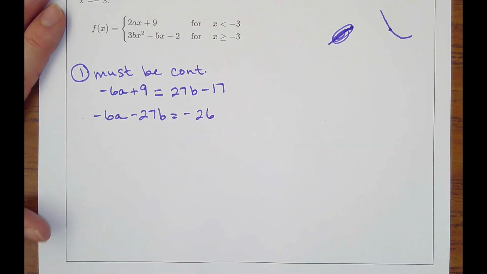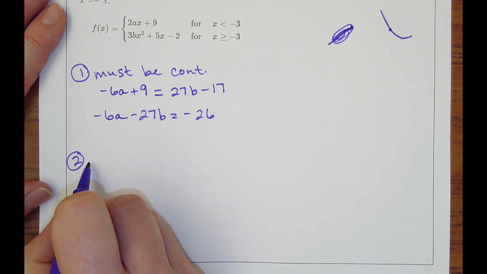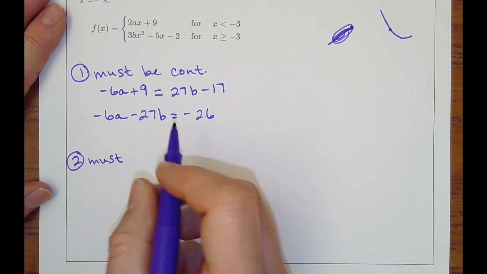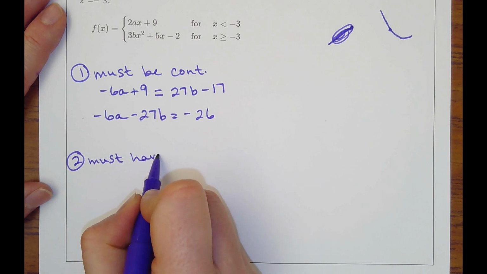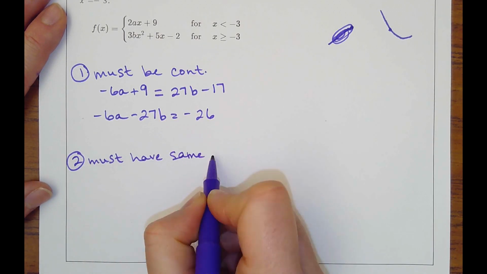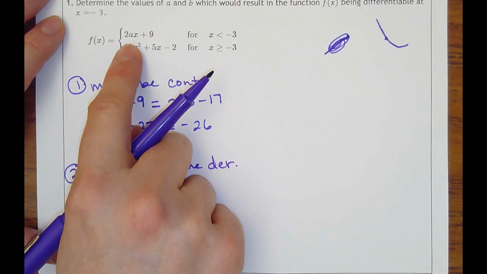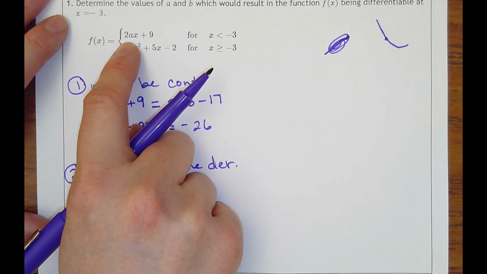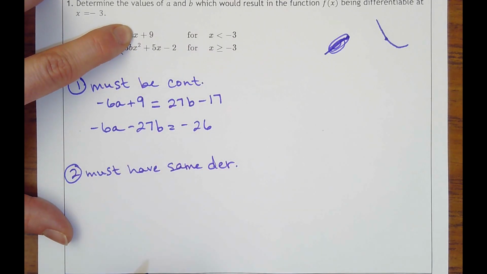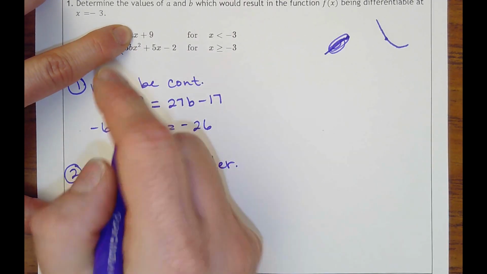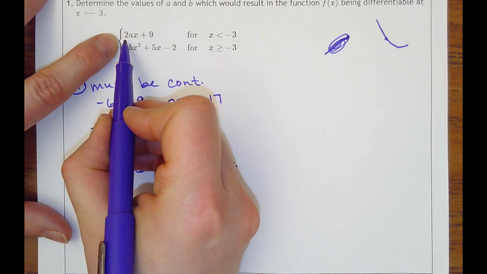Okay, step number 2, they must have the same slope, or must have the same derivatives. Derivative and slope mean the same thing. So now I'm going to take the derivative of this. And it's kind of confusing because you have 2 letters here, but 2a, that's all just a constant. So if we had a 2x, the derivative of that would be 2.